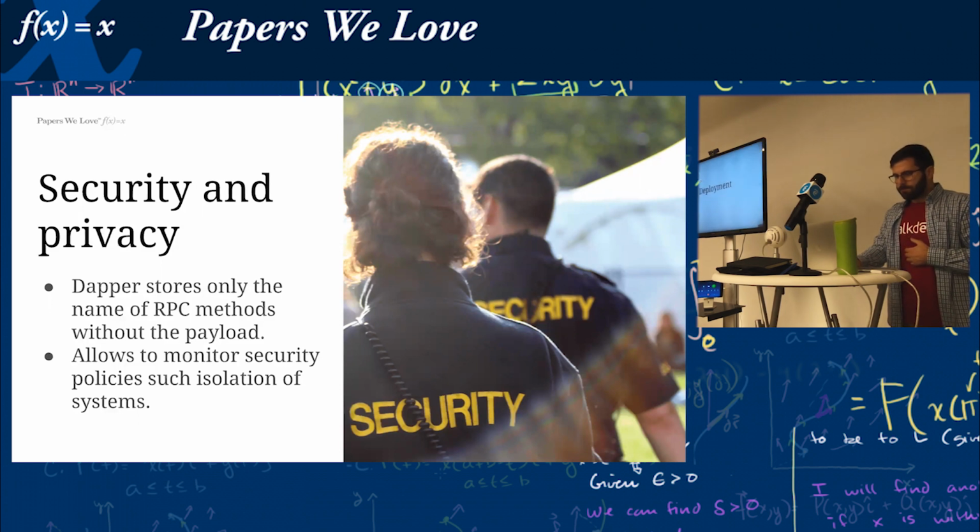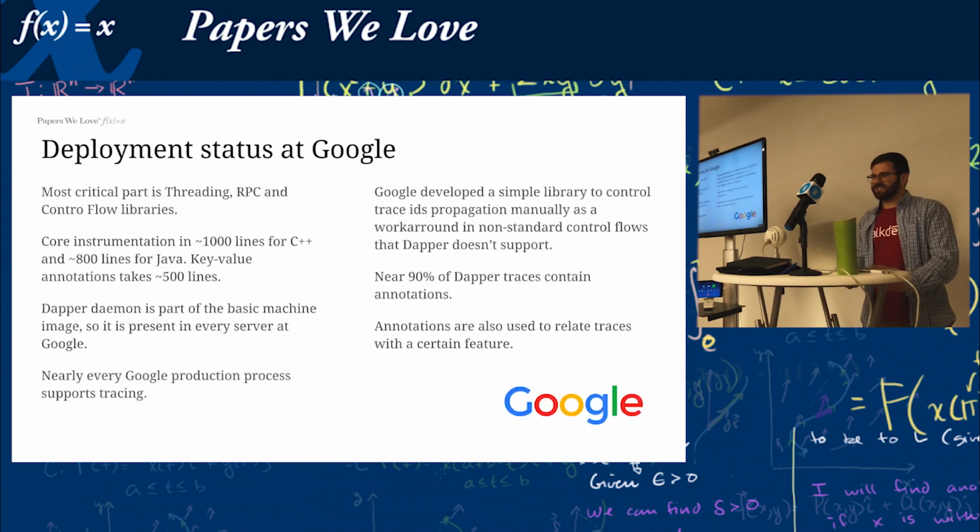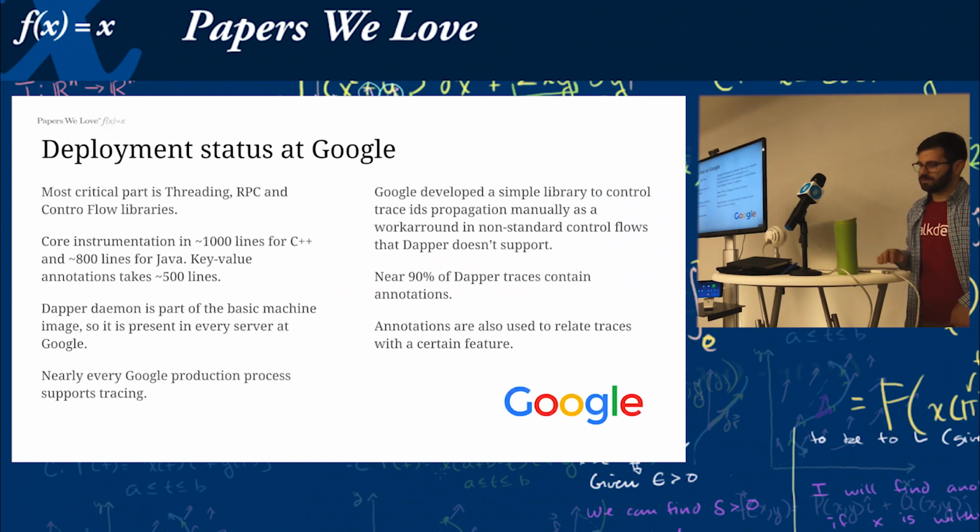Okay, so talking about the deployment status. First of all, this status is from 2 years after Dapper went into production. We are in 2019, so they may have more insights about this, but mainly, as I said before, the critical parts are the shared libs for threading, RPC, and control flow. Ooh, a typo, weird.